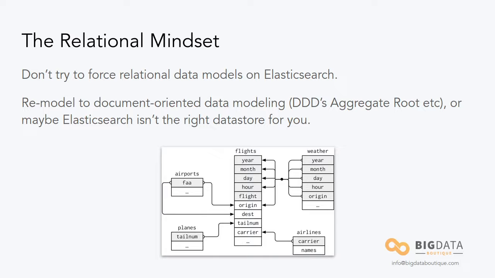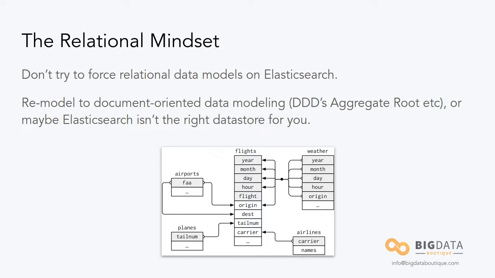That wouldn't work, and by that I mean things like the parent-child modeling, or it's called join field nowadays, nested documents, those kinds of things. You should really try to avoid them. In some cases, it would actually make sense to use Elasticsearch and still have nested documents and some types of relationships between documents, but it is a very unique set of use cases, and generally you should try to model your data using document-oriented modeling.